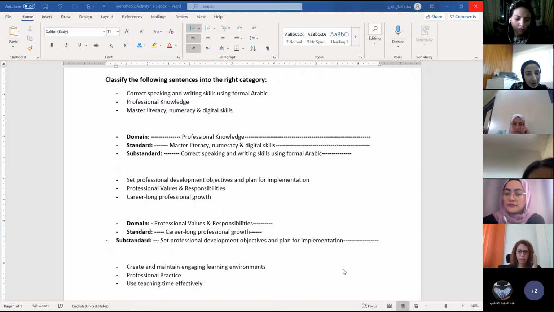Create and maintain engaging learning environments, professional practice, and use teaching time effectively. Professional practice is the domain, and the standard would be using teaching time effectively, and the substandard would be create and maintain engaging learning environments. Okay, lady. What do you think for the others?